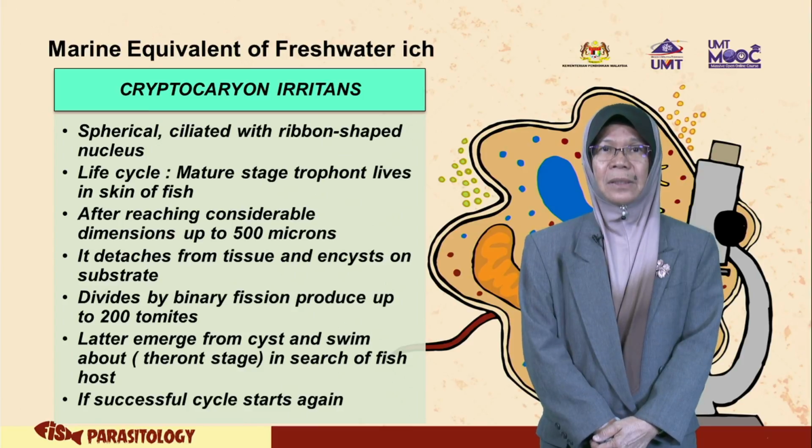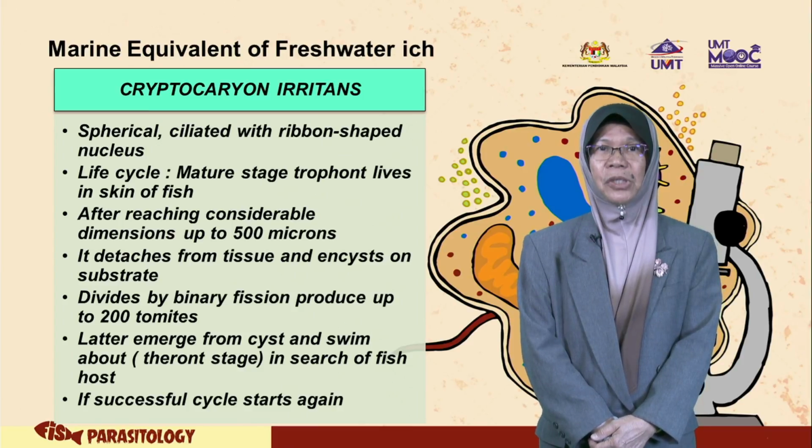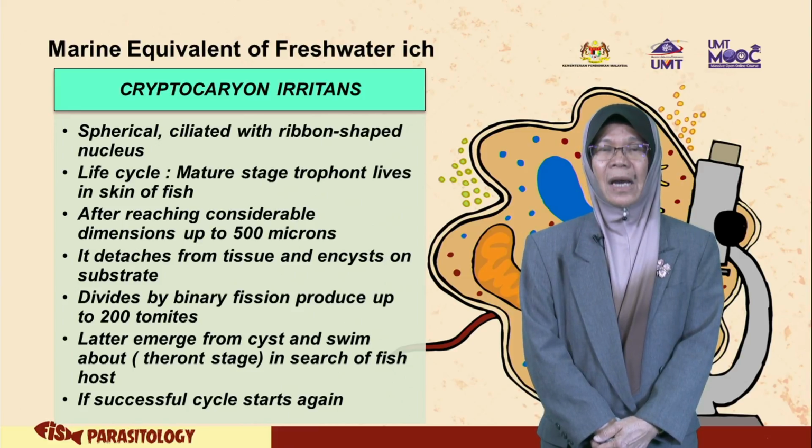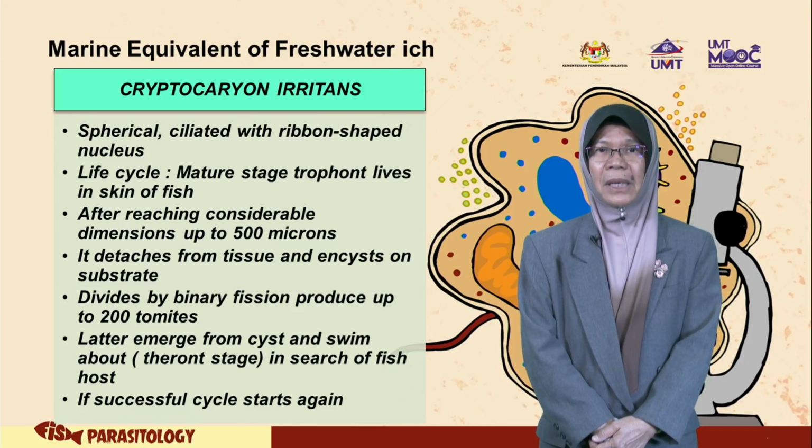The life cycle consists of the mature stage, the trophont, which lives in the skin of the fish. After reaching considerable dimensions, up to 500 microns, it detaches from the tissue and encysts on the substrate.